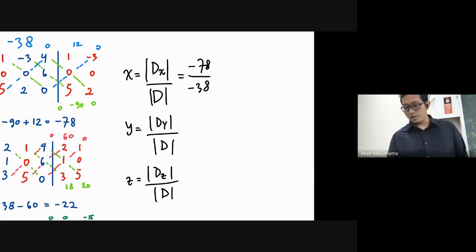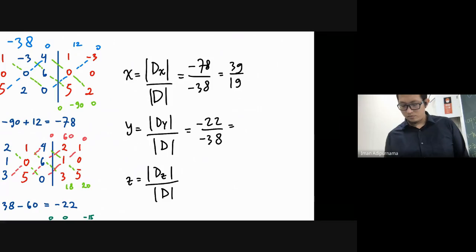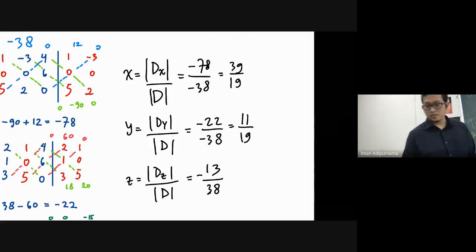And we can divide by 2, right? And y is negative 22. Okay, and that's the answer.